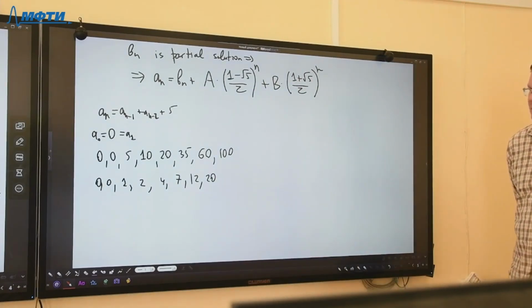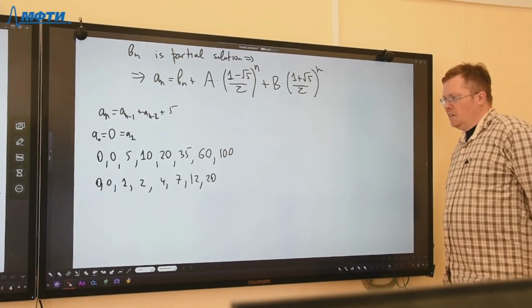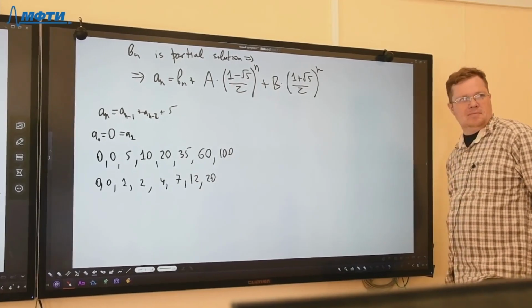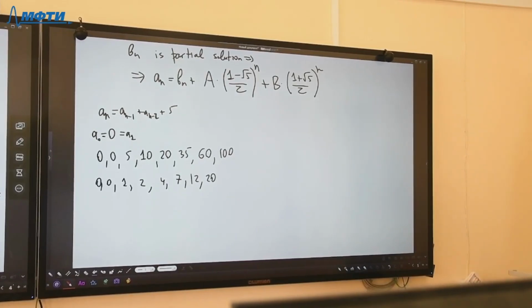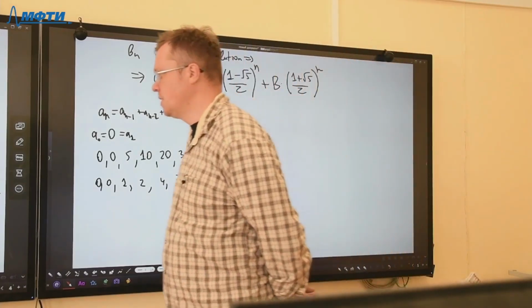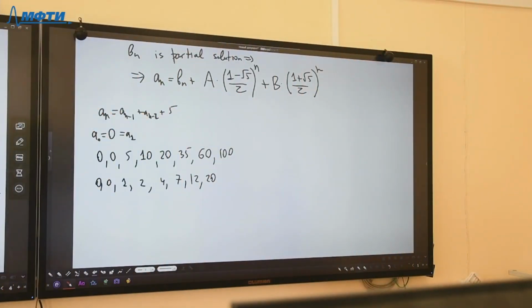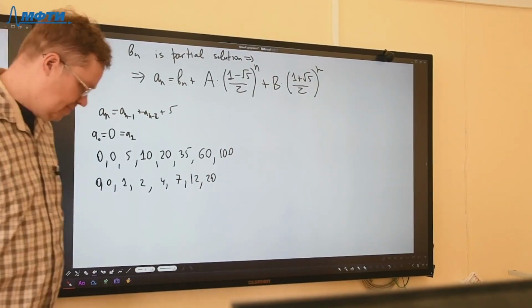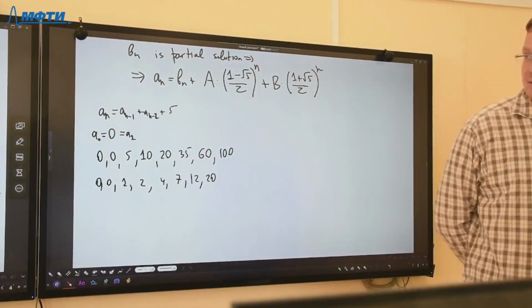So we'll meet those sequences and get the partial solution. Do you find some similarity to the other sequence?